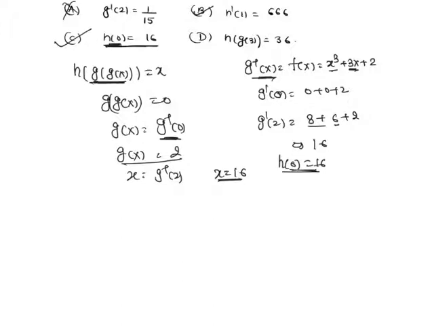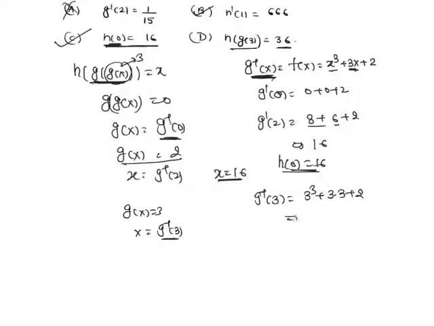And the last option is h of g of 3 equals 36. That means this inside quantity must be 3. So when g of x equals 3, then x must be g inverse of 3. For finding g inverse of 3, we'll put x equals 3. So g inverse of 3 equals 3 cube plus 3 into 3 plus 2. 3 cube is 27, plus 9, plus 2.